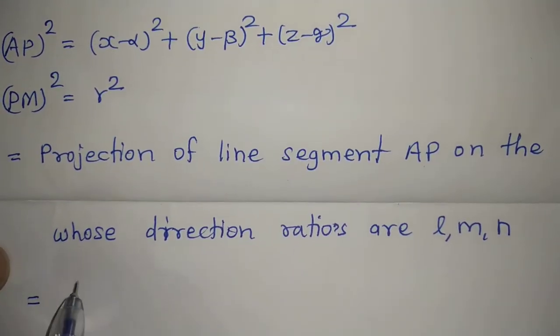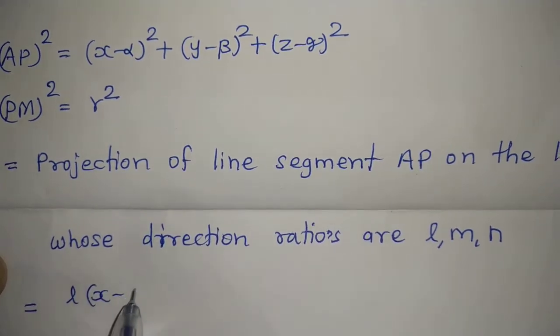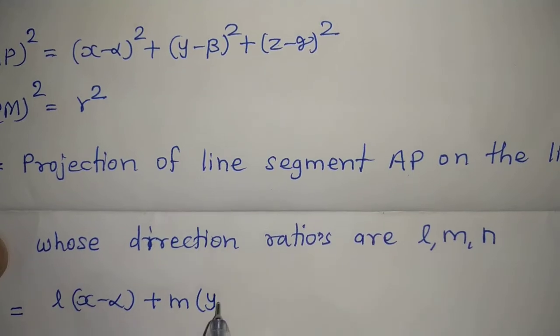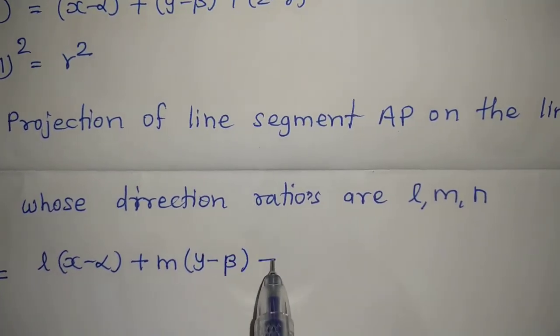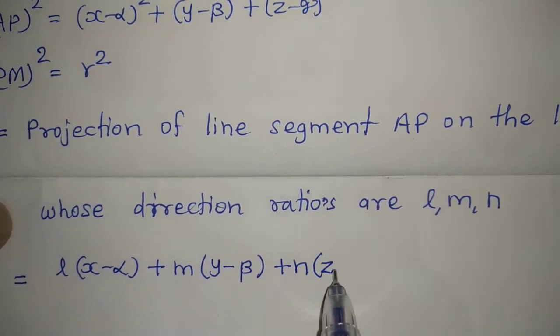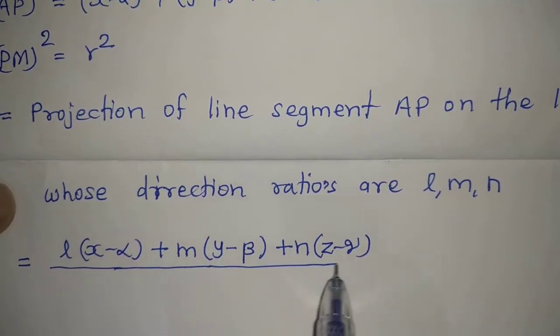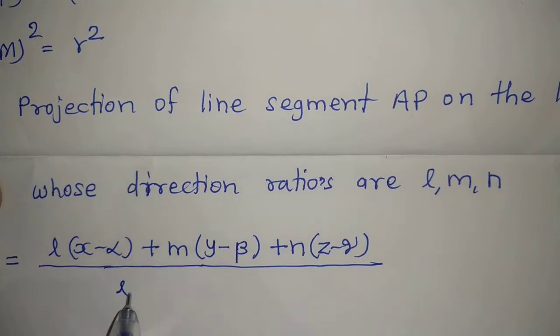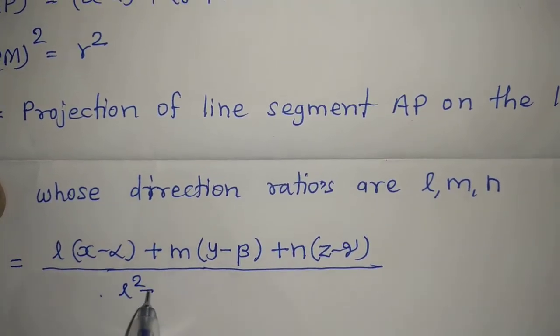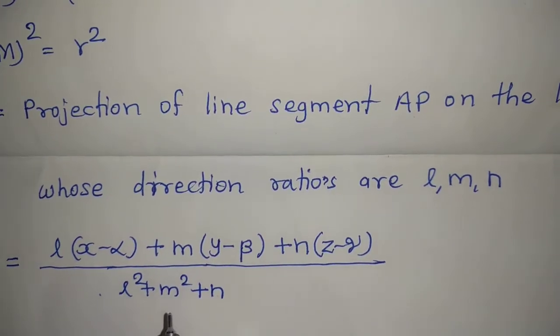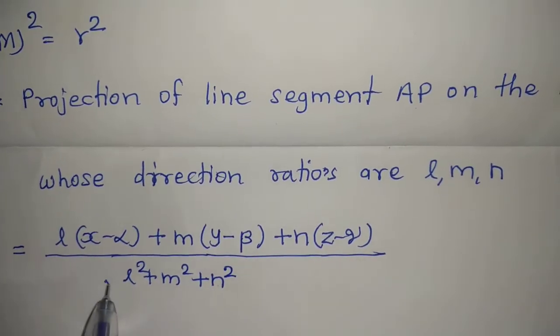What is this projection? It is L into (x minus alpha) plus M into (y minus beta) plus N into (z minus gamma), divided by root of L square plus M square plus N square.